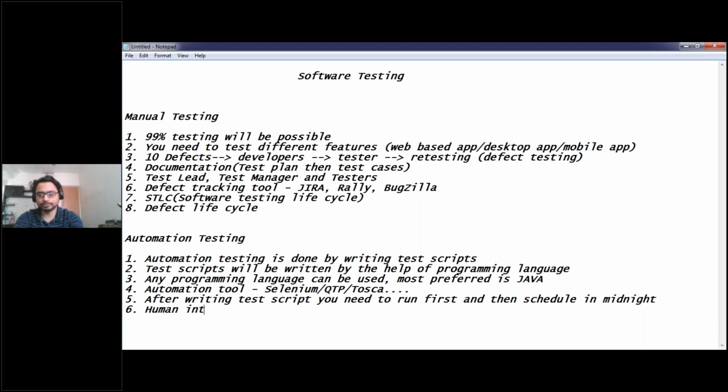Human intervention is not there. So these are the points basically, and the last point is, 99% testing will not be possible, unlike manual testing.